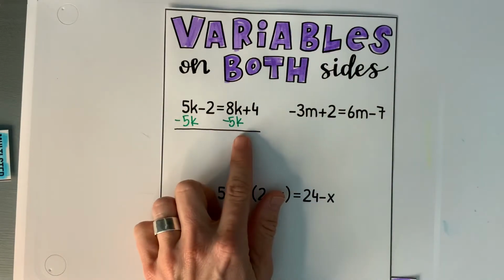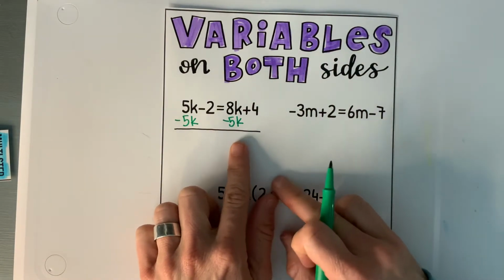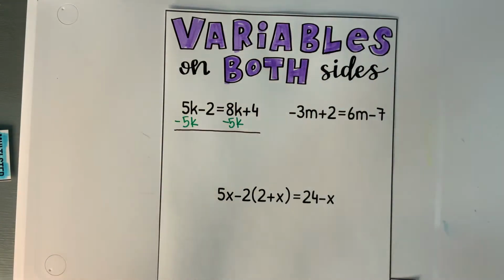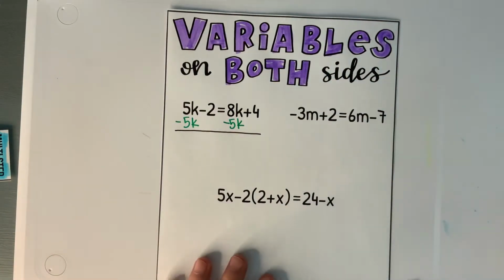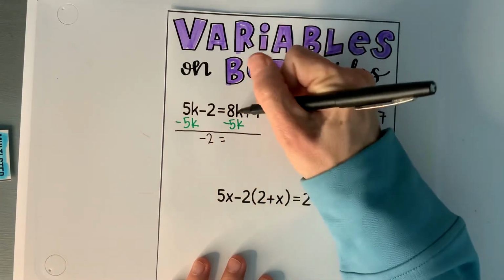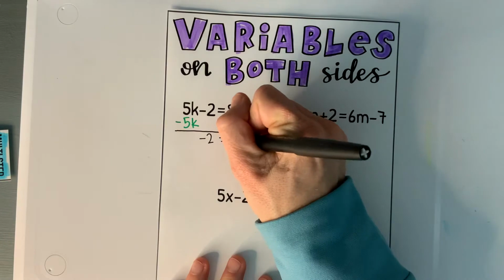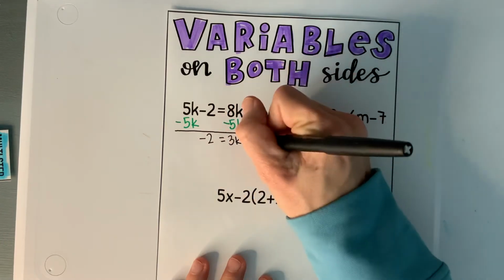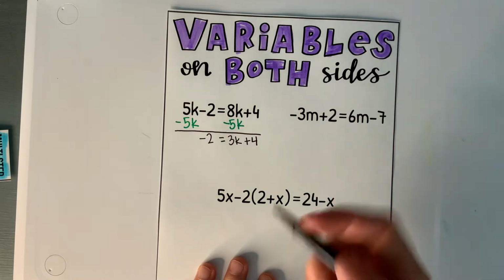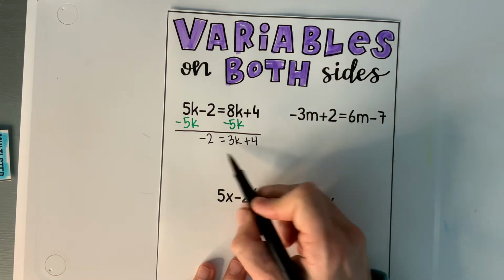Subtract 5, subtract 5. So you're just writing down the legal move that you're doing to keep your balance scale. All right, so I'm going to bring down my -2. 8k minus 5k, I'm left with 3k, and I bring down my +4. My next step is to add or subtract my constants. Right now, my variable is on this side.